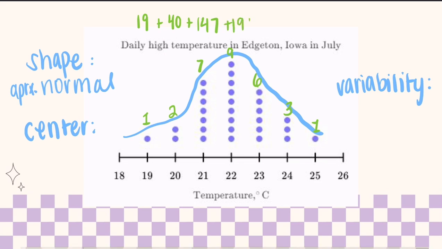You're welcome to use the calculator for this. 6 times 23 is 138. 3 times 24 is going to be 72.